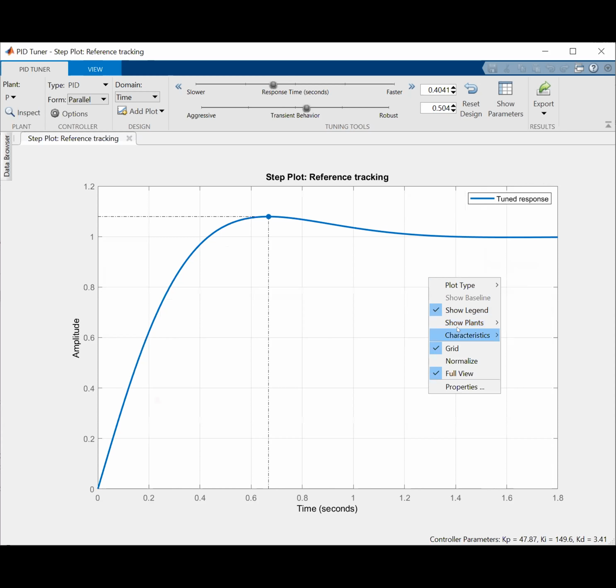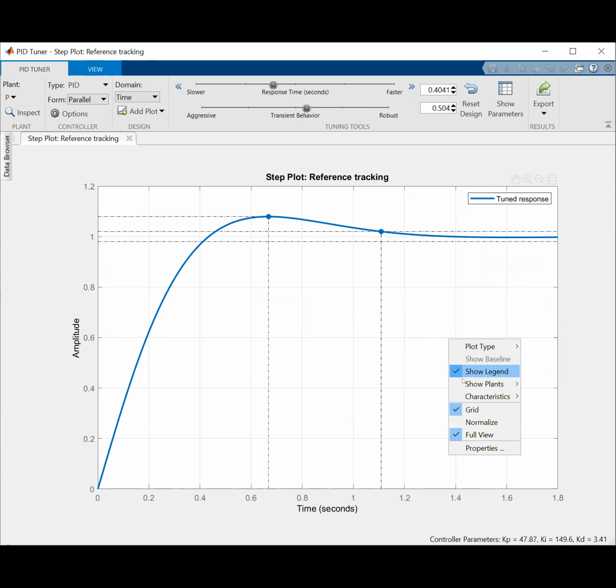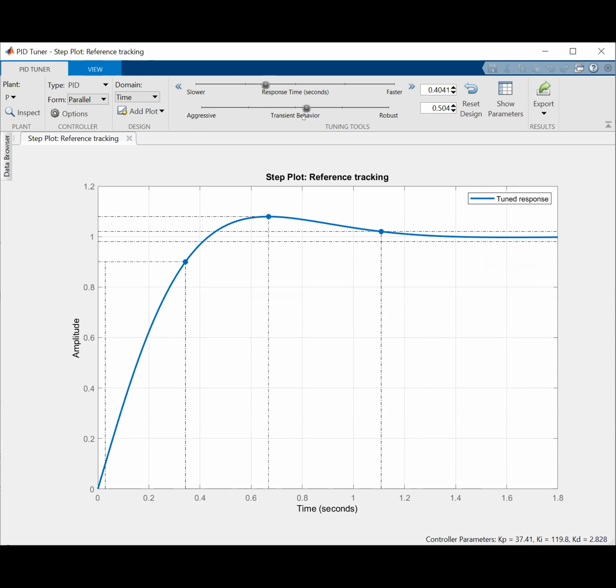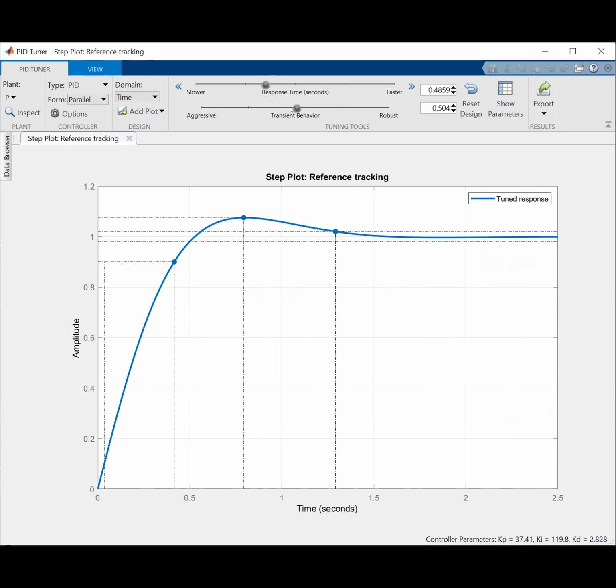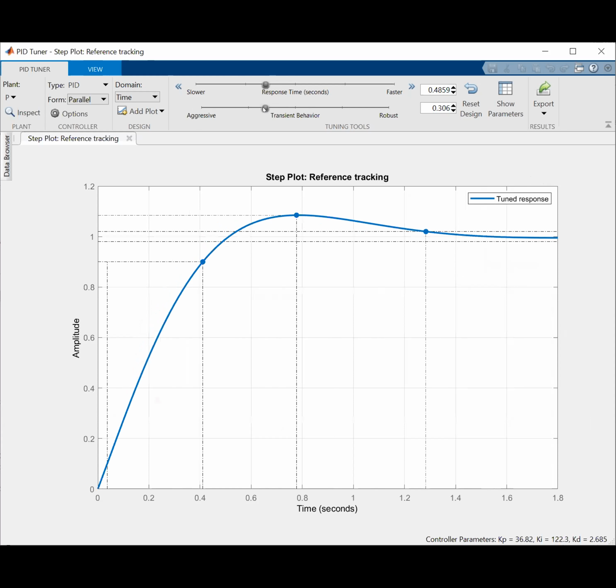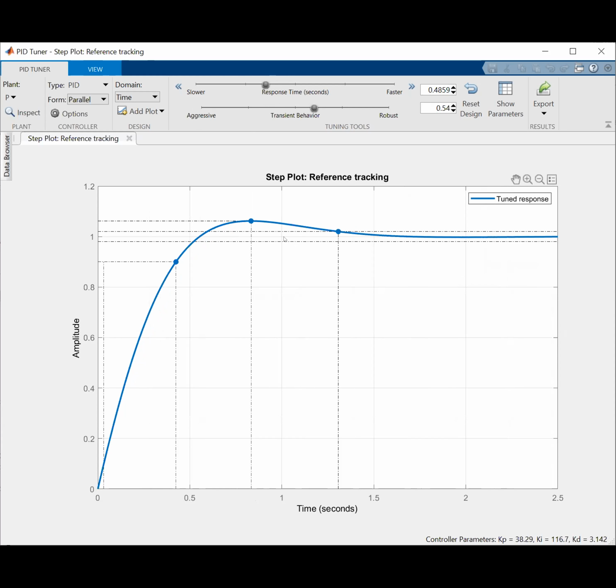I can add different characteristics. And now I can do these modifications in runtime. So I can move them around, and it will help me tune the PID control in runtime.